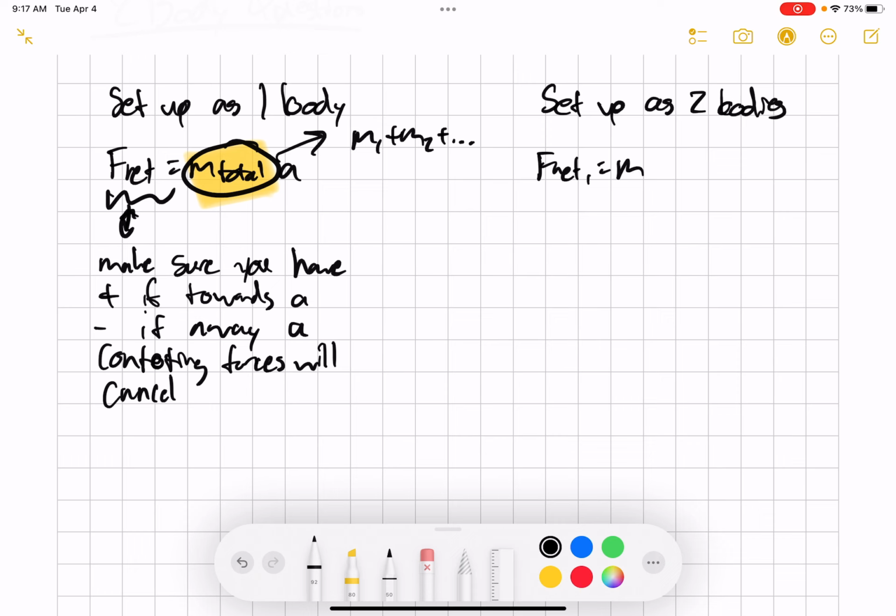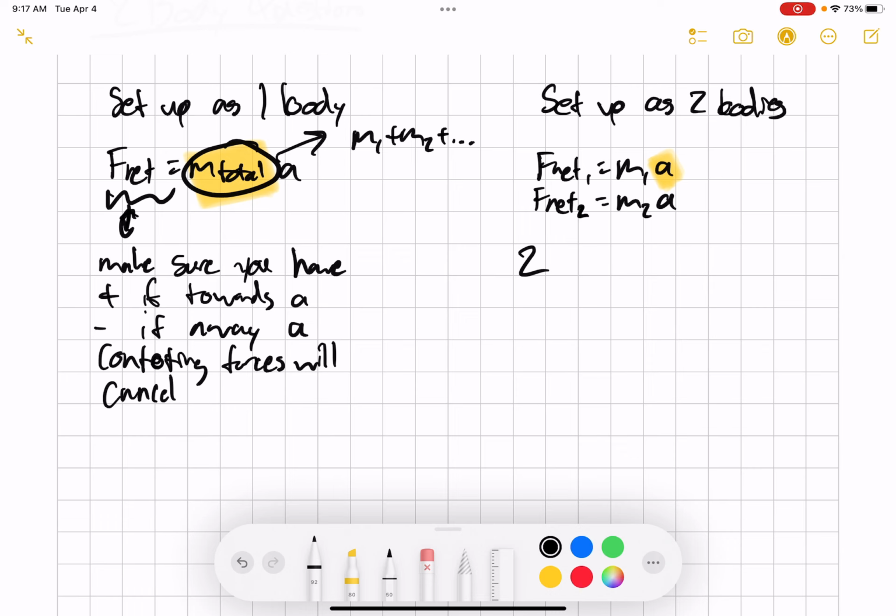Now, if you're setting it up as two bodies, you will set up an F net for object 1 equals M1A, and then you'll set up another F net for the second object, okay? So you end up with two F nets. And the way this will work is you'll always end up with one unknown being the acceleration, and then you'll have some force that's also an unknown, usually your connecting force.